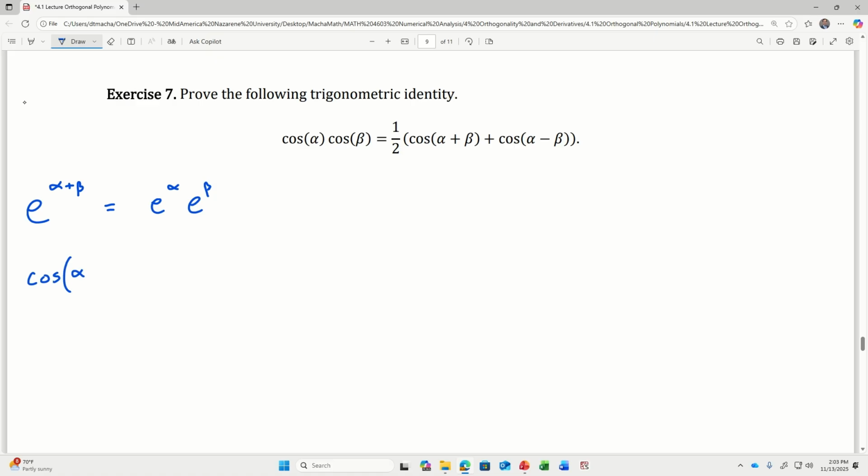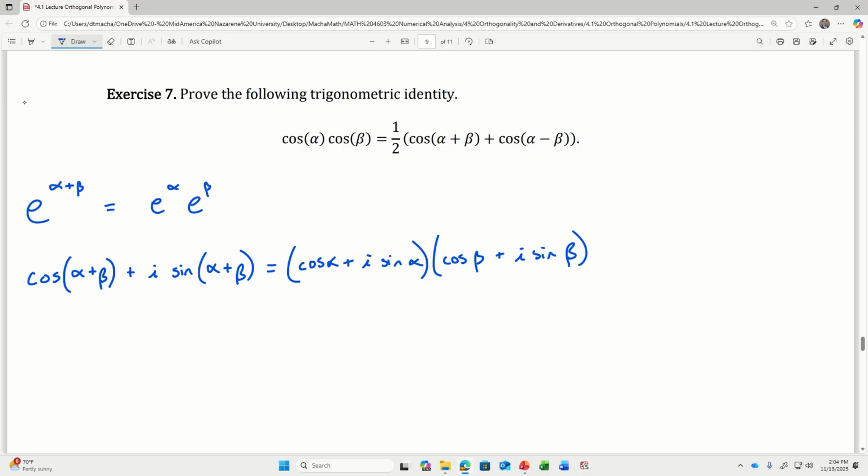So here's cosine plus i sine. And on this side, it's going to be cosine alpha plus i sine alpha times cosine beta plus i sine beta.